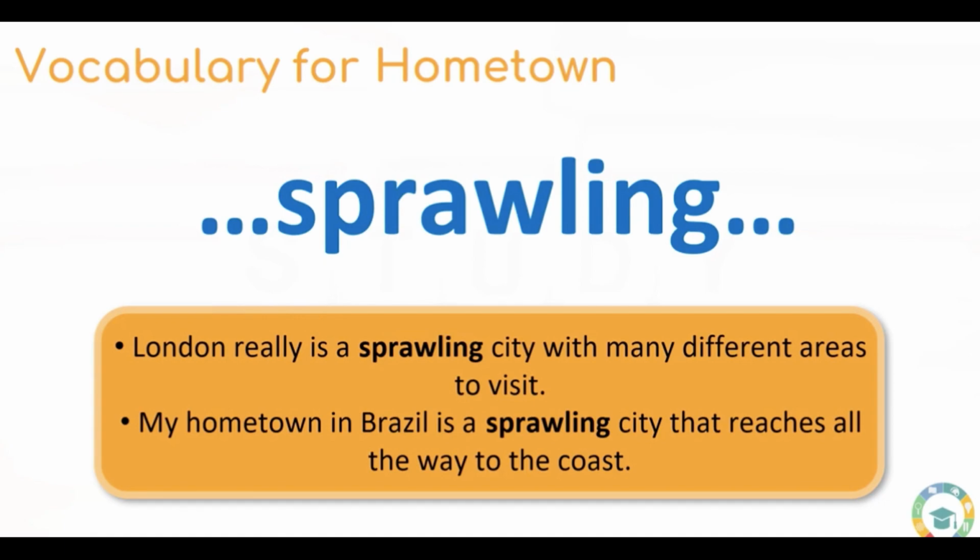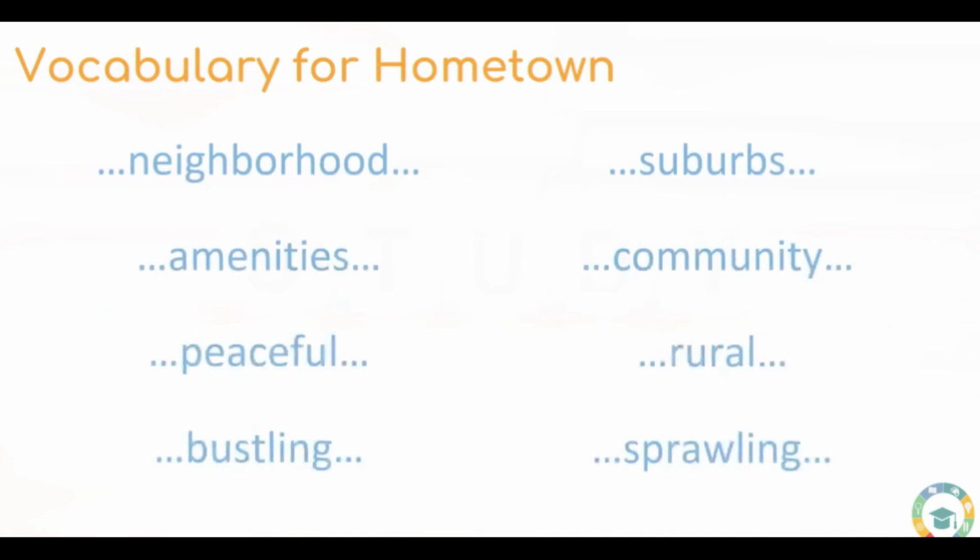London really is a sprawling city with many different areas to visit. My hometown in Brazil is a sprawling city that reaches all the way to the coast. So sprawling, if you live in a city that reaches great distances, you could call it a sprawling city.